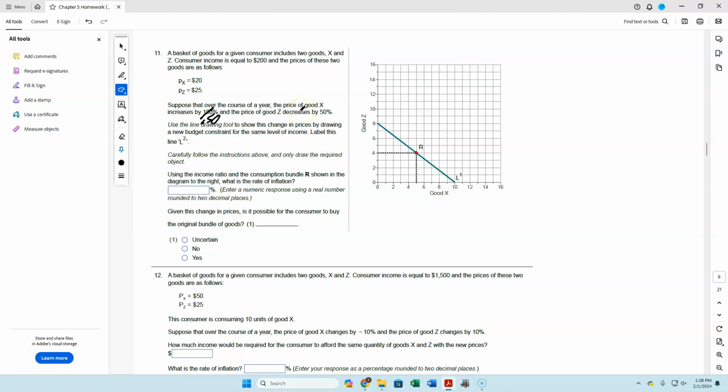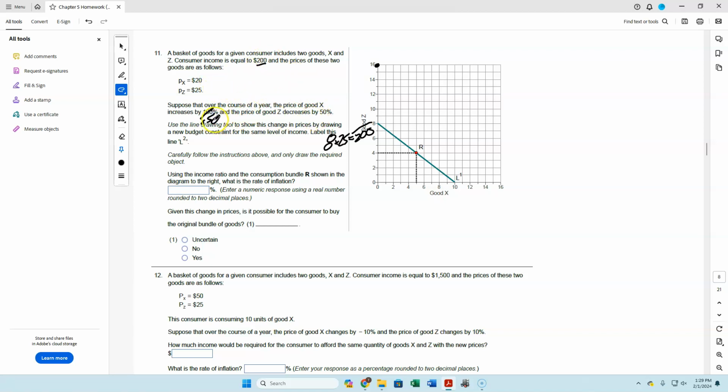And so what that's going to do is that the total increase is going to be 100%, which would mean now that I'm going to be at 16. So if 8 times 25 is 200, right, which reflects the 200 here.